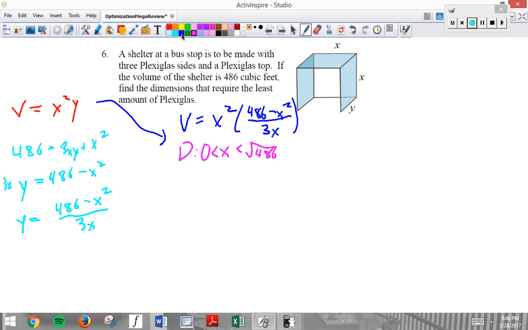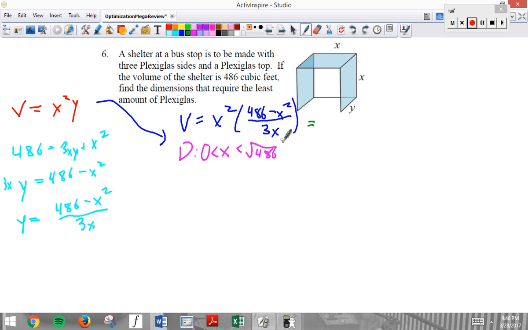Okay, so now that we're considering that, I'm going to simplify this completely. 486 is divisible by 3 because 4 plus 8 plus 6 is 18, and that's divisible by 3.